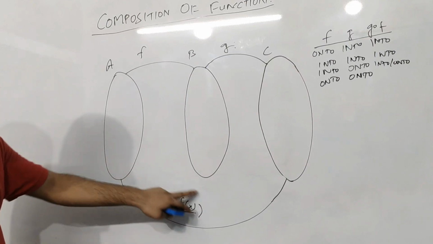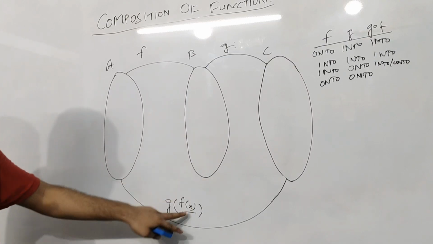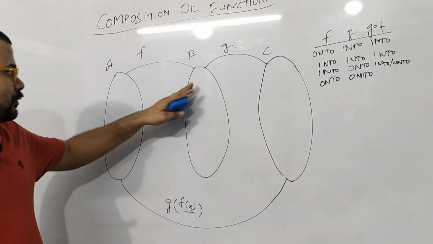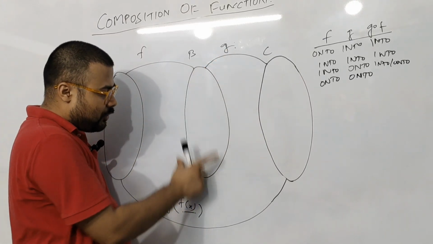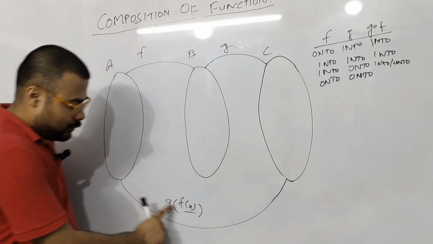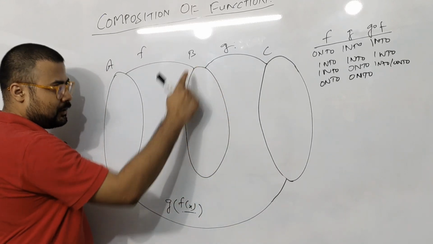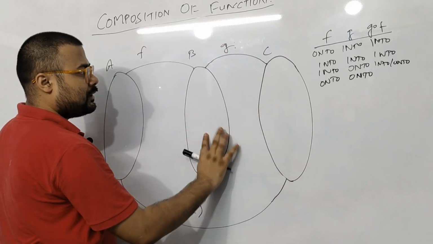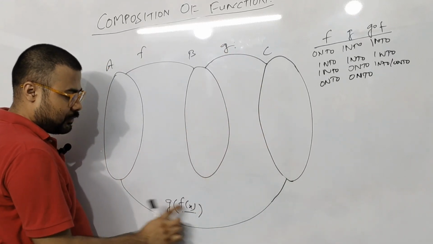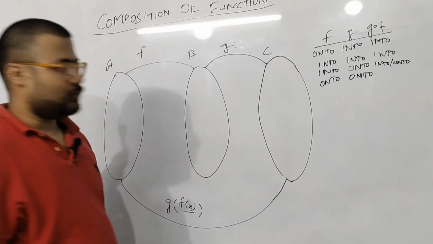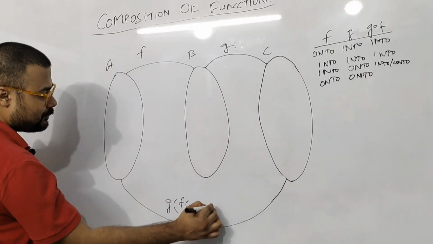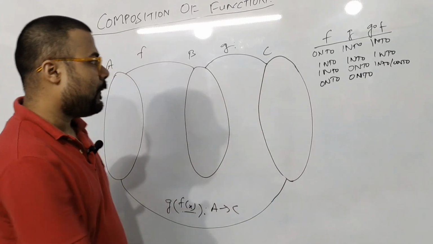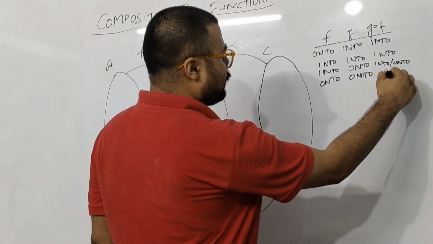So g of f(x) here is the range, and range is equal to codomain, range is equal to set B. And because g is also onto, and it is covering all the elements of B, it means your input to g is covering all the elements of B. It means, and g is onto, it means that gof is also onto, because the range of gof is from A to C, and it will be all the elements of C. So when f is onto, g is onto, then gof is also onto.